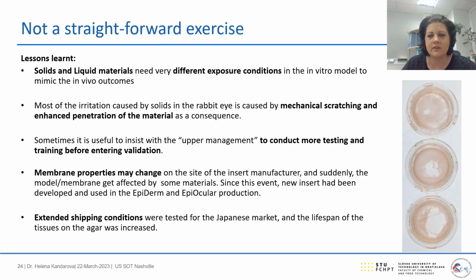Another problem that we experienced during this validation was a change in the quality of the insert. Basically, it was the membrane that the supplier of these materials changed in the middle of the validation study, and suddenly we saw inserts that were not resistant to chemicals, and with this testing we suddenly had inserts with holes in the membrane.